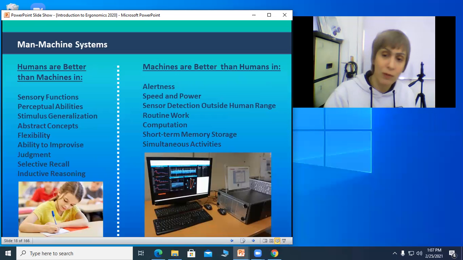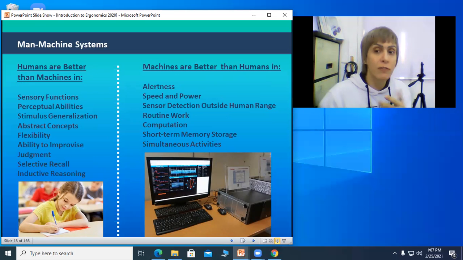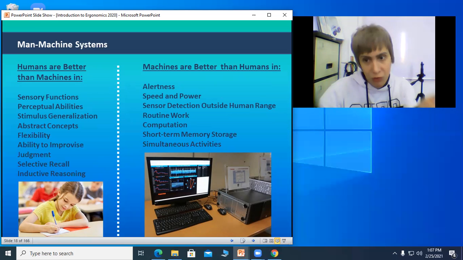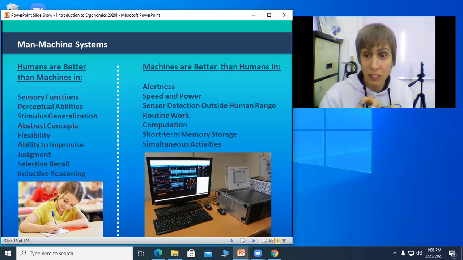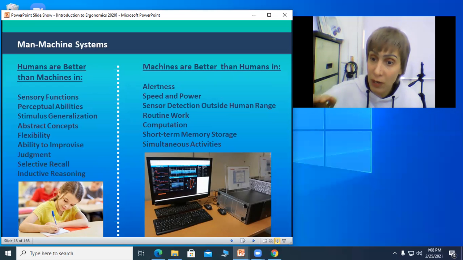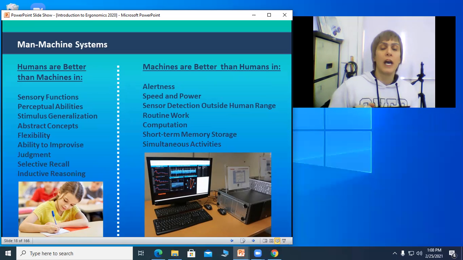It's better the computer, because the computer will calculate very fast, much more quickly. It will not make mistakes like the human. So the possibility for errors is much lower.